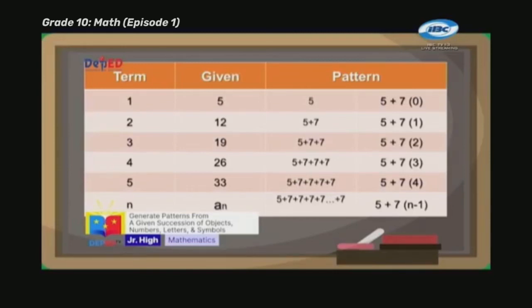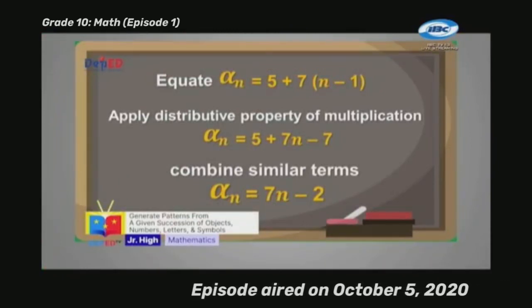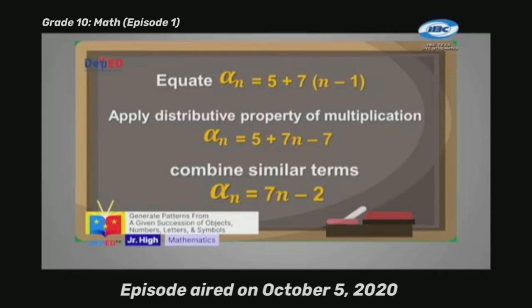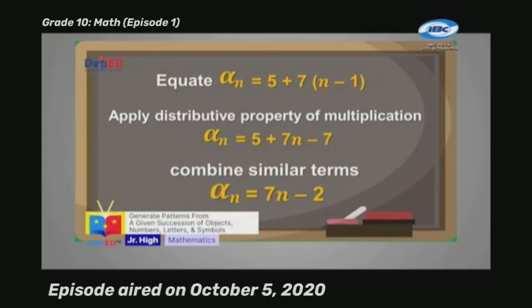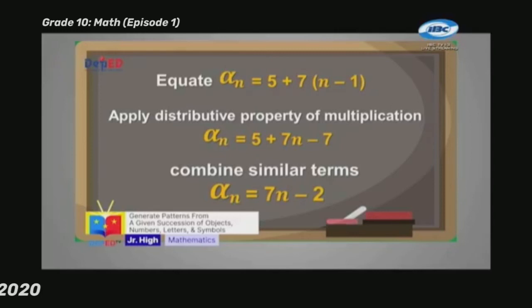Thus, a sub n is equal to 5 plus 7 times the quantity n minus 1, where you have to equate a sub n and 5 plus 7 times quantity n minus 1. Then, apply distributive property of multiplication, so that's a sub n is equal to 5 plus 7n minus 7.